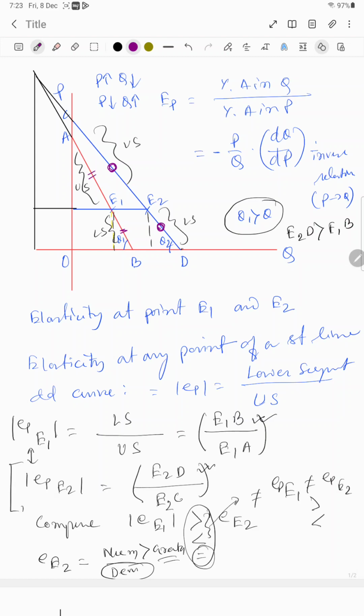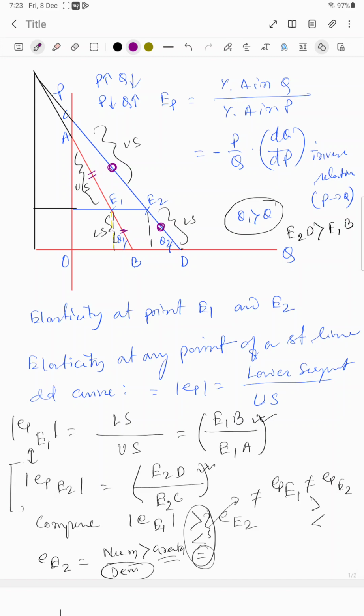So both numerator and denominator are greater for this case, and for the other case both are lower. So obviously, what will be the impact on the ratio, we have no idea.